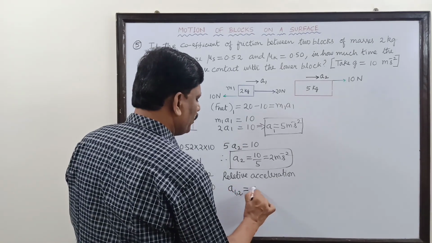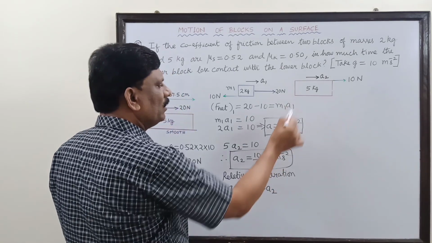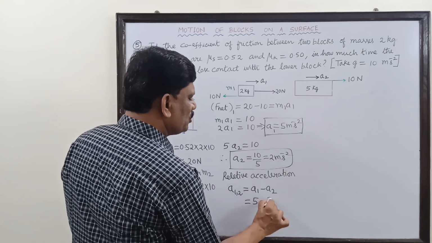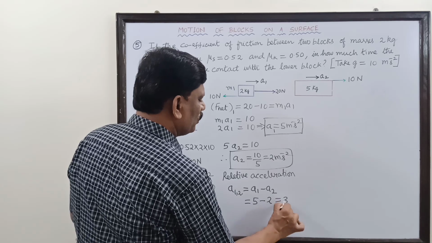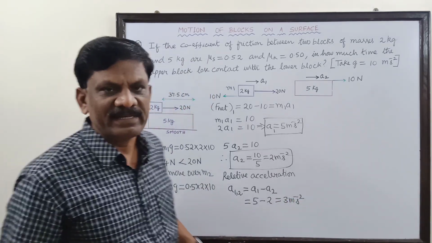So this must be equal to a1 minus a2, and a1 is 5. So 5 minus a2 is 2, and this is equal to 3 meters per second square. So this is the relative acceleration.